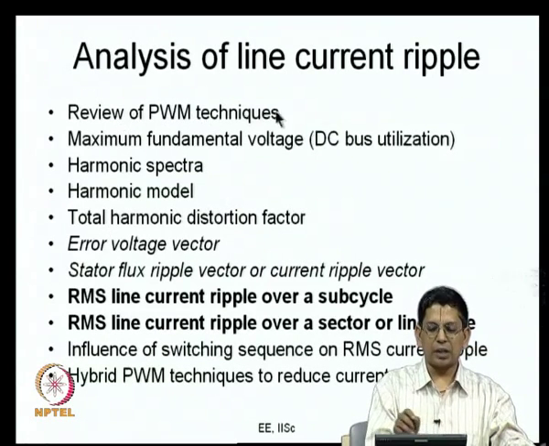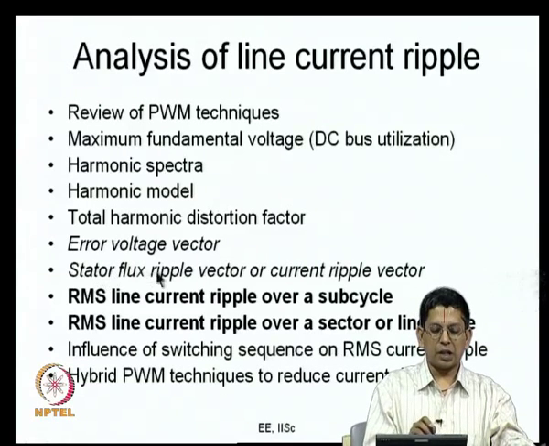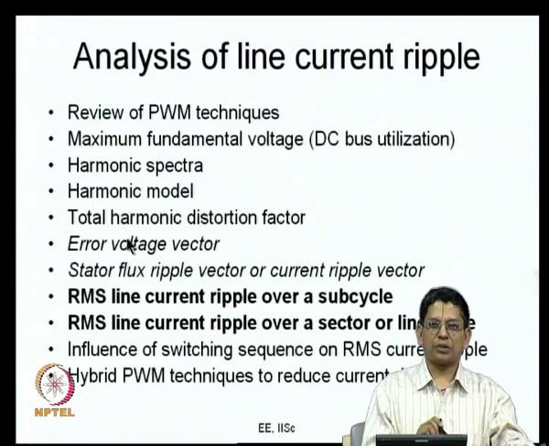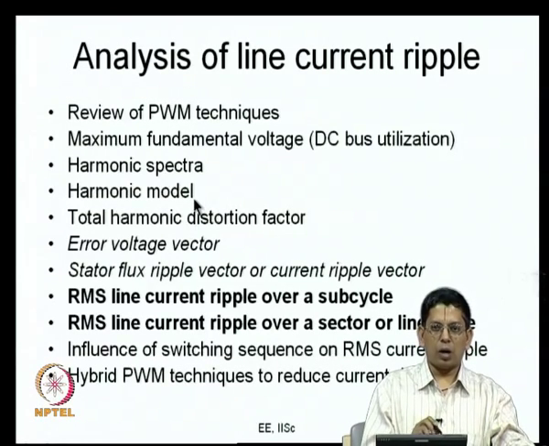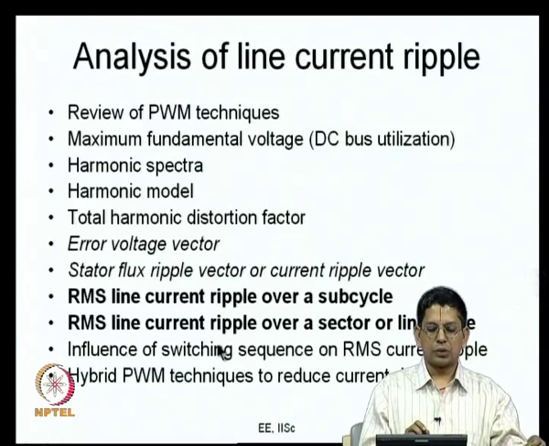What we have been doing is the other way, that is, we consider the error voltage vector. The error voltage vector is a representative of the harmonics in the voltages. You integrate that error voltage vector, and that gives the stator flux ripple vector, which is a measure of the current ripple vector. Since the harmonic model is that of an inductance, if you apply voltage across an inductance, the current through the inductance is proportional to the integral of the voltage applied.